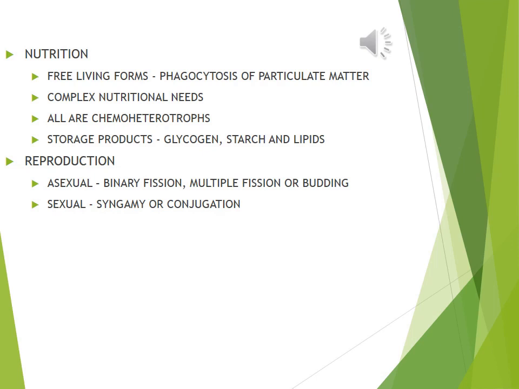So this mouth is in the form of an oral groove. Okay. So the oral groove, which is called a cytostome, can directly take up your food. Or they have something called a food vacuole, which is called your cytopharynx. Even in the food vacuole, you can store your food and then later on engulf it.